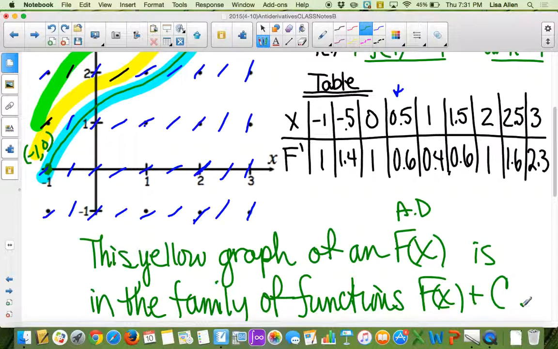So that's something you were used to in Algebra 2 and Honors Pre-Calc as well. So just something to think about.